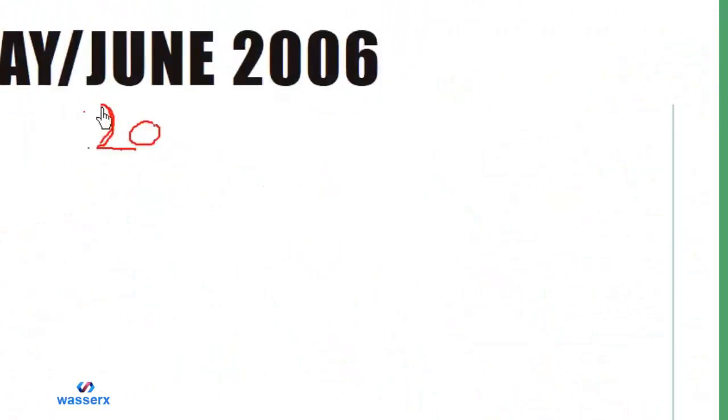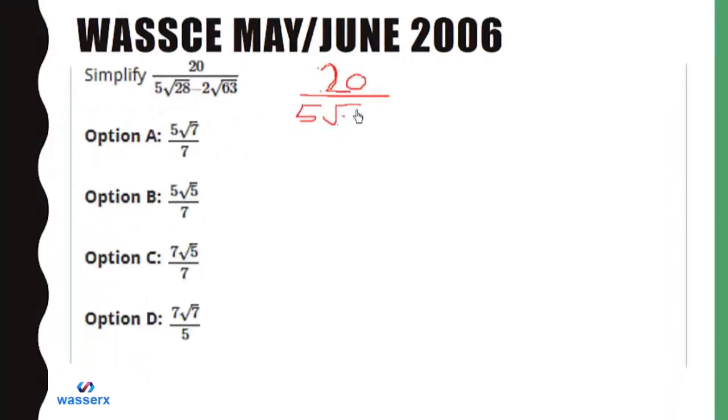Now let's look at this. We are simplifying 20 over 5 root 28 minus 2 root 63. So we simplify each of the surds.